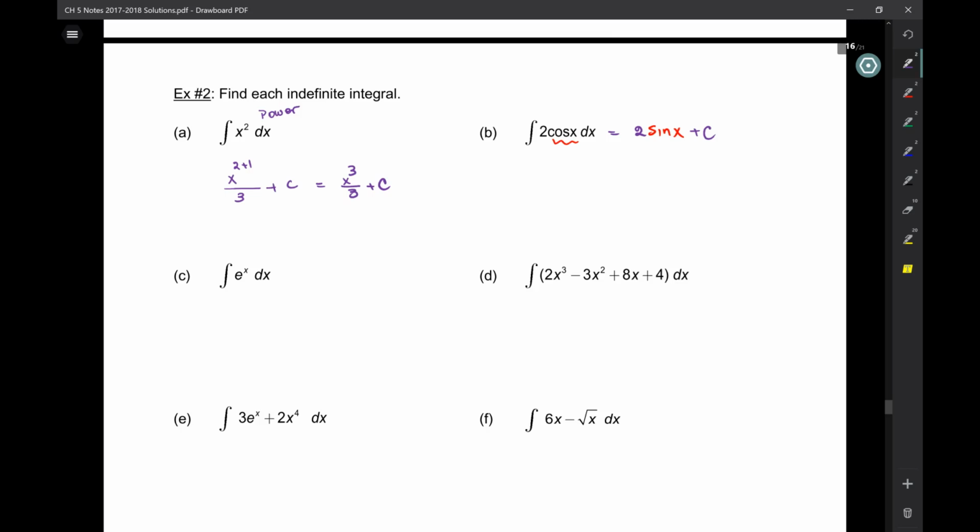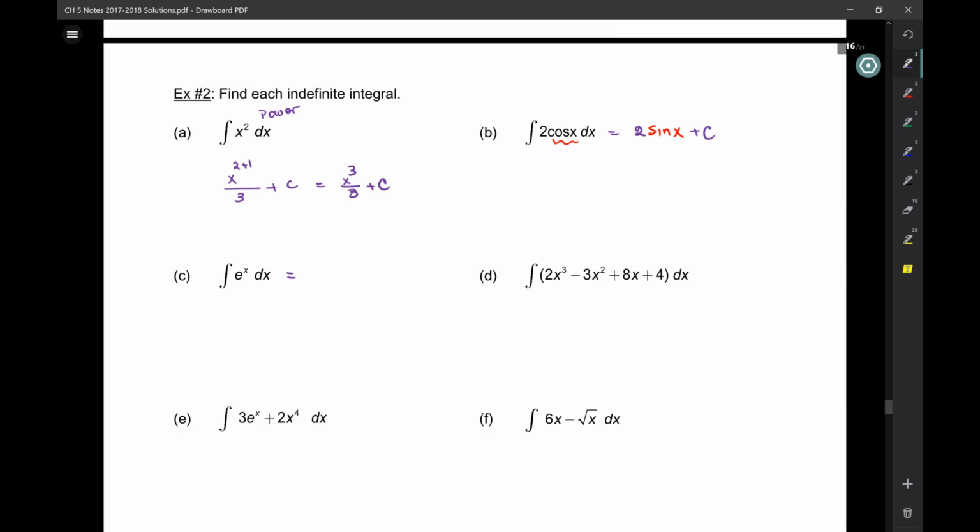So think, if you were to go back, how would it work? It's the opposite. It's in reverse. The derivative of sine is cosine, so the integral of cosine is sine. The derivative is backwards. Yeah, that's all it is.